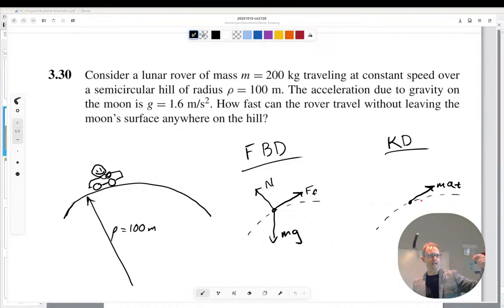Centripetal should be towards the center, right? Yeah, so this one's not 90 degrees to that centripetal acceleration. So what is this tangent acceleration describing? At that moment, what's happening in that direction of motion.